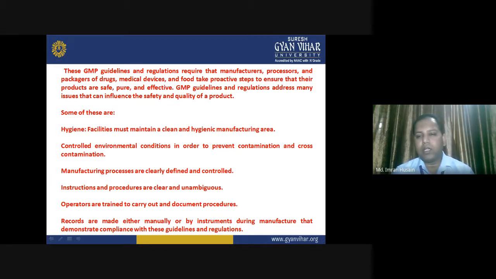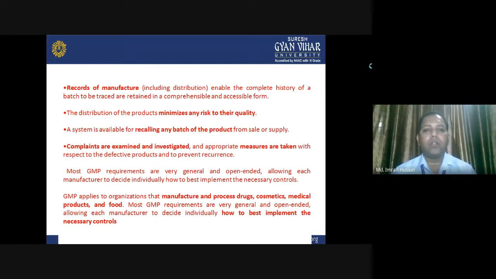So every time, compliance with the guidelines should be regularly followed to ensure that the product is of good quality, right? Records of manufacture, including distribution, enable the complete history of a batch to be traced.